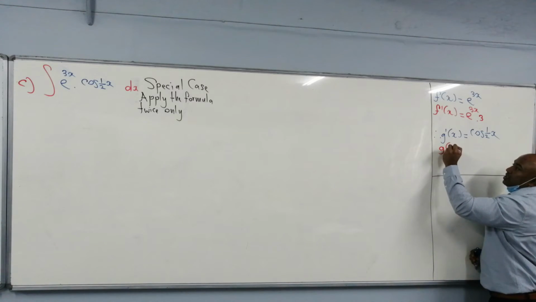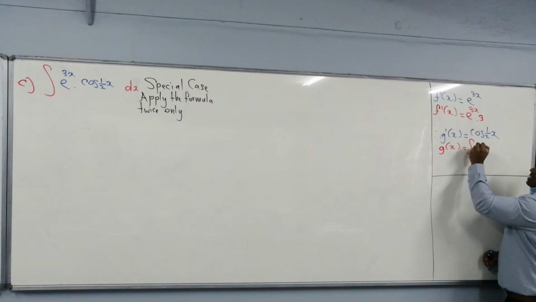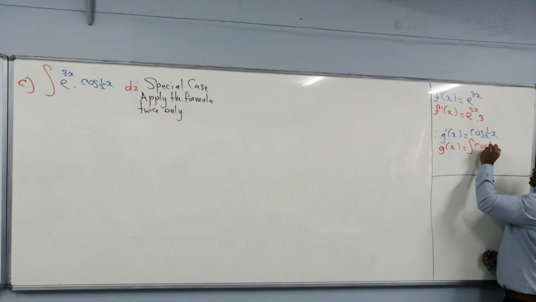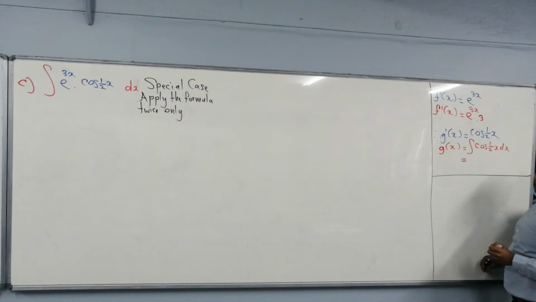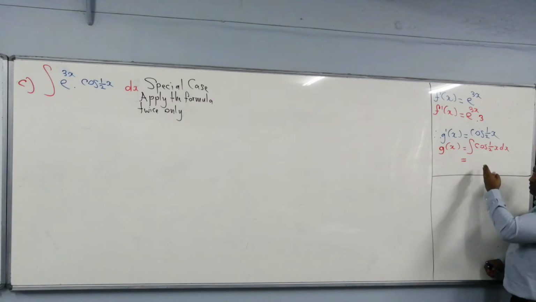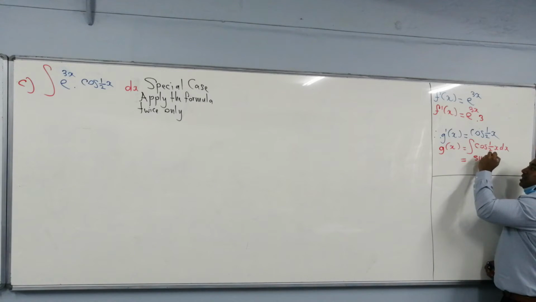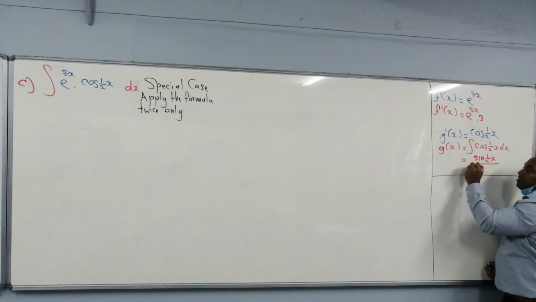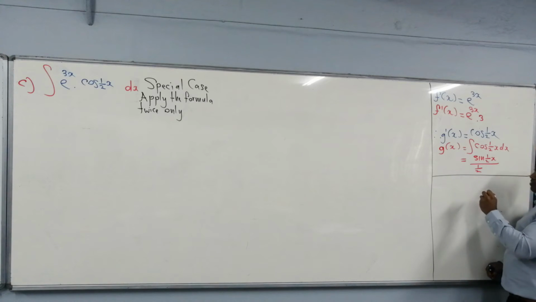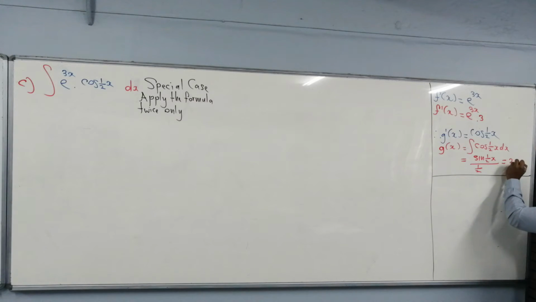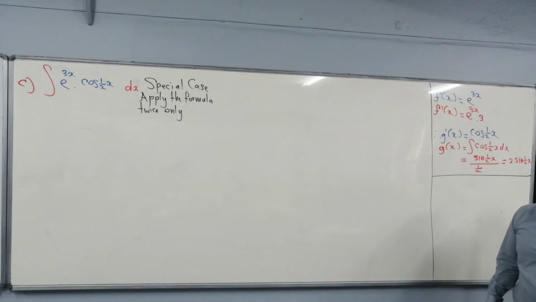So g of x will be the integral of cos of half x. So when you integrate cos of half x, we've done this one here also, it's going to be a positive sine half x all divided by half, which is equal to 2 sine half x.